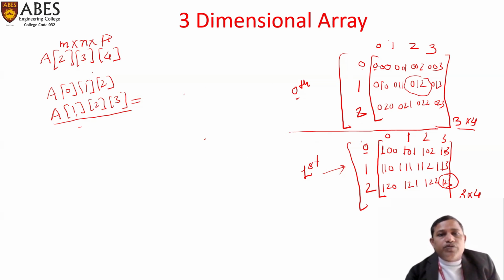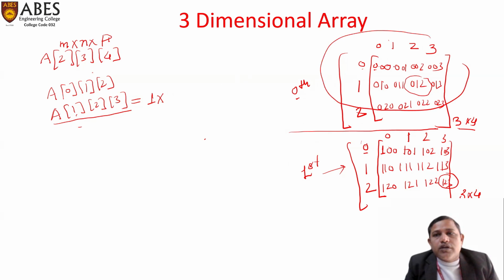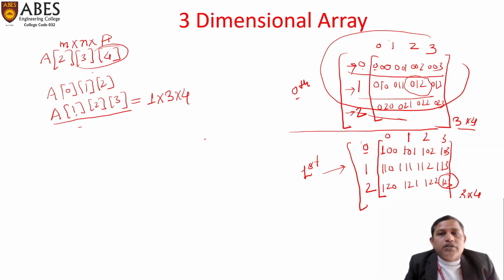There are 3 rows, and each row contains 4 elements, so you skip 3 into 4, that is 12 elements. So to skip one two-dimensional array, you skip 1 into 3 into 4 elements.